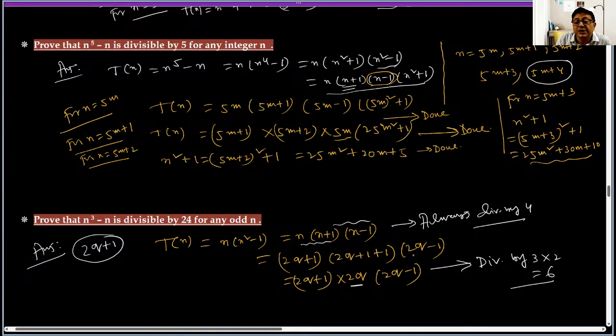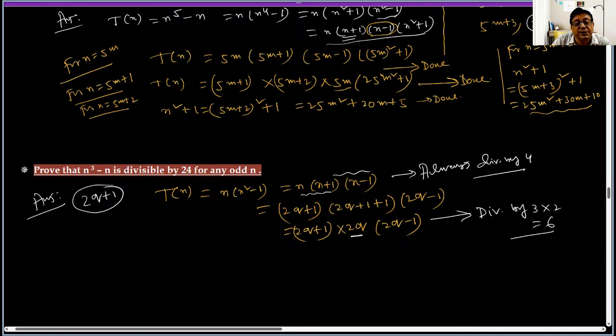Better you approach in this manner: take divisibility by 3 and see what happens over there. The product of 3 consecutive integers is divisible by 4 into 3, that is 12. We are reaching either by this method or by that method. Another 2 is required. So you need to think, do you consider divisibility by 4 or 5 or divisibility by 6?